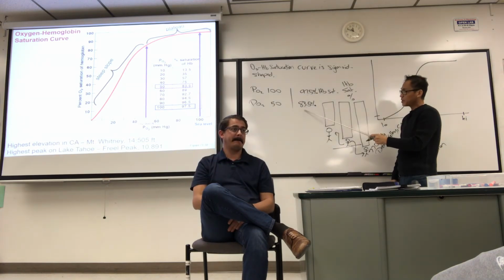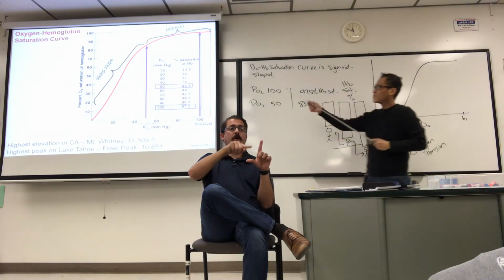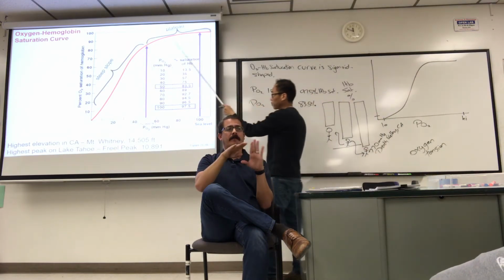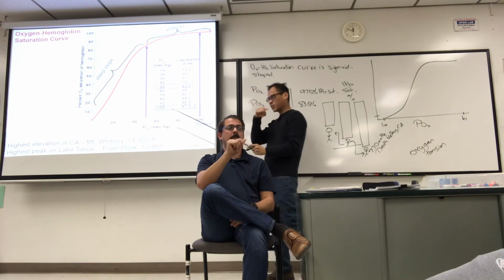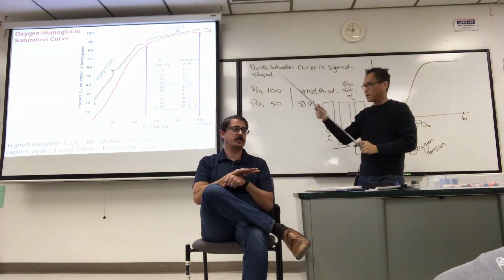So this is actually a good thing, and we call this part of the curve, where it remains relatively flat, the plateau, and this is really good for external respiration. We're trying to saturate the Hb.